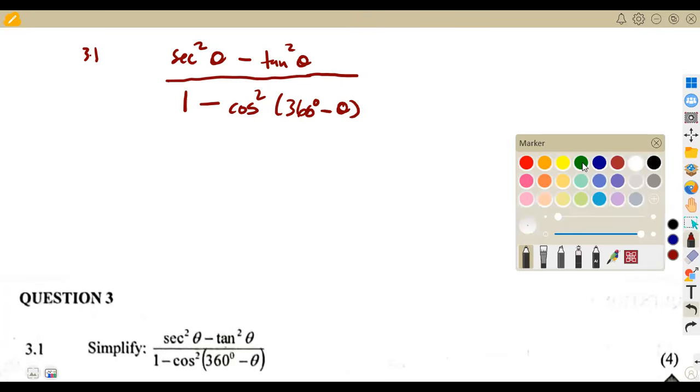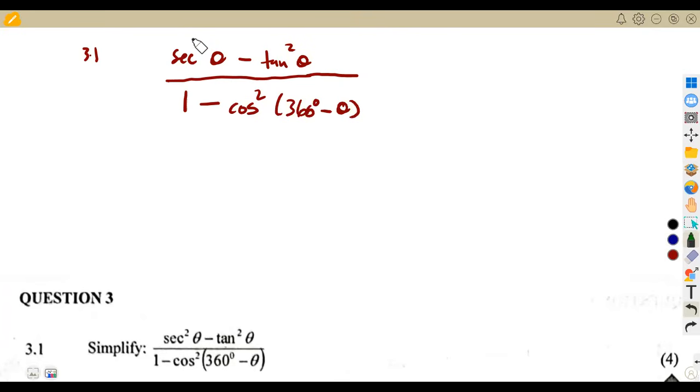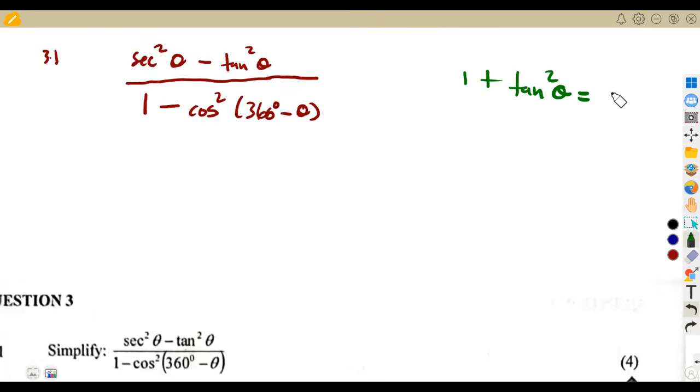If we consider the first thing, sec squared minus tan squared, we have a combination of an identity there. Remember, we have 1 plus tan squared theta, which is equal to sec squared theta. Either you remove sec squared and replace it with 1 plus tan squared, or you remove tan squared, so that it will be sec squared minus 1.